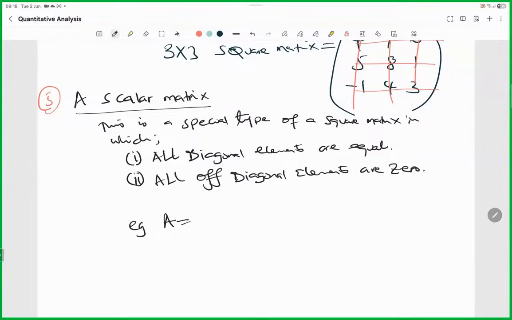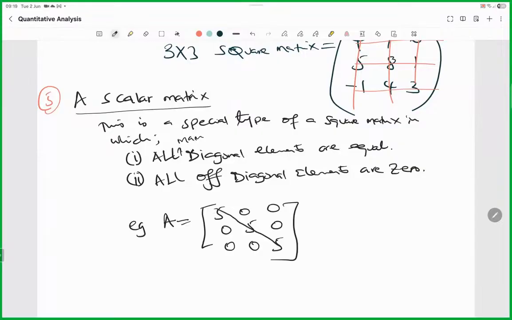For example, here we have 5, 0, 0, 0, 5, 0, 0, 0, 5. All main diagonal elements, the main diagonal is this one here, 5, 5, 5, are equal, and all off-diagonal elements are 0.